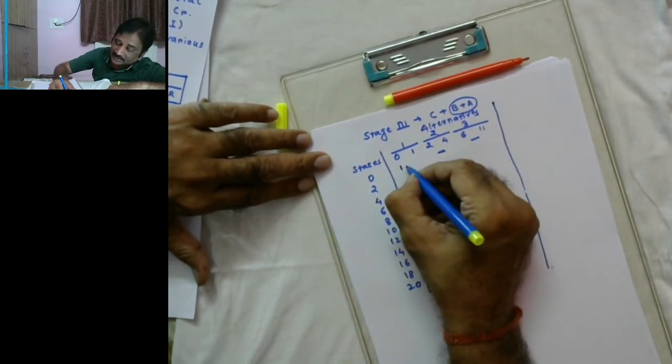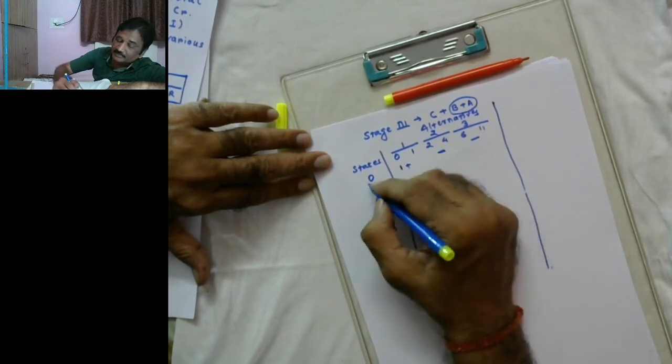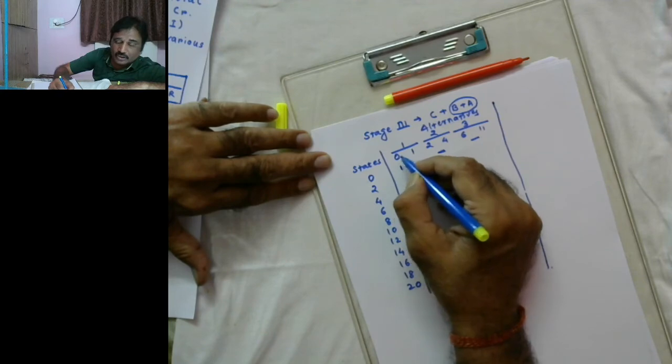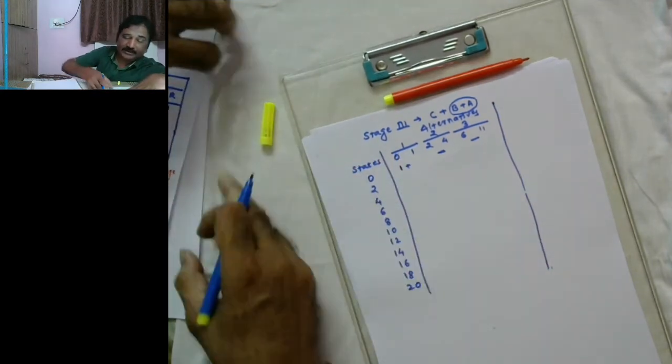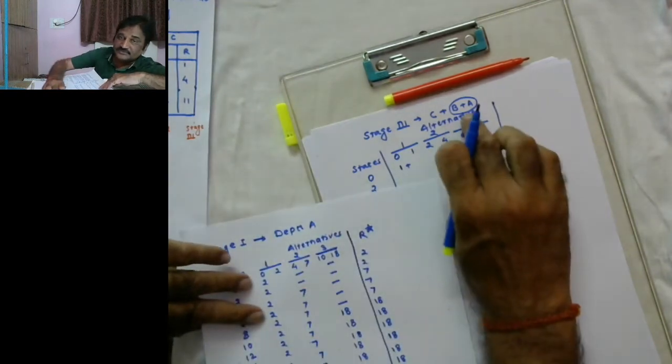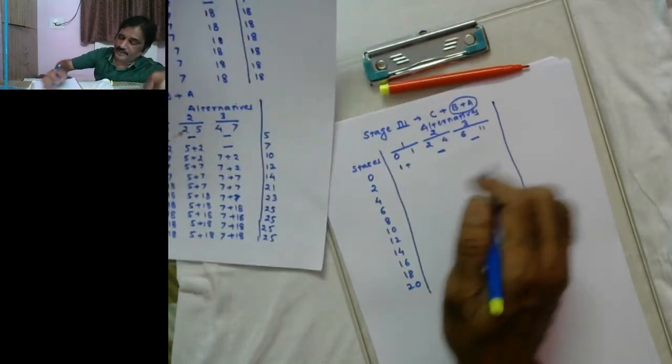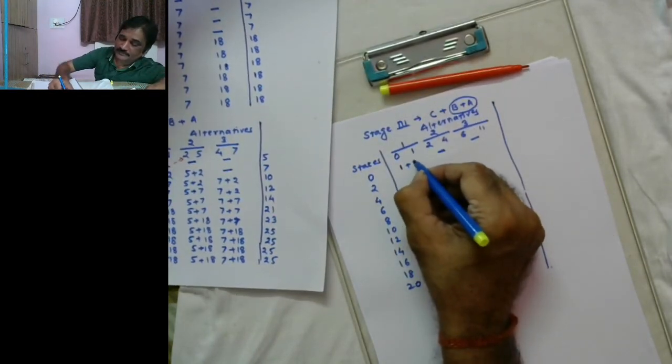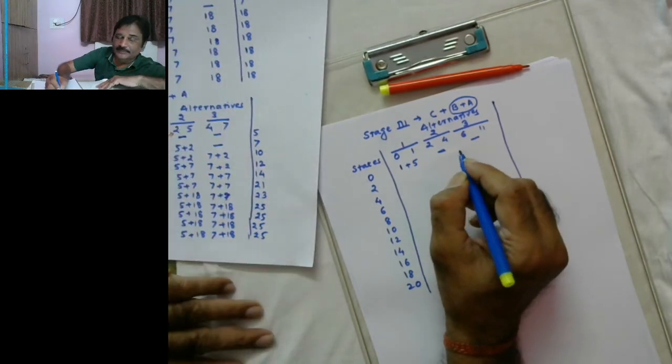But here second component, because I assumed I have 0 crore, I consume 0 crore and 0 crore is left, and for that 0 crore, optimal return from the previous stage, which corresponds to B plus A, that is this is the previous stage for 0 crore, optimal return is 5. So 1 plus 5.